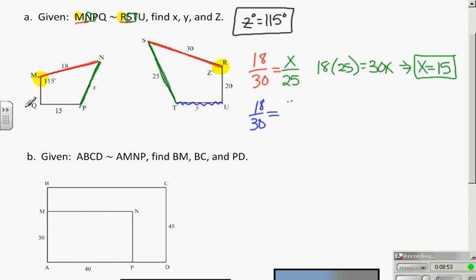TU is my Y value. TU corresponds to PQ, right here. I've got my smaller figure on top, my bigger figure on the bottom. Cross multiply.